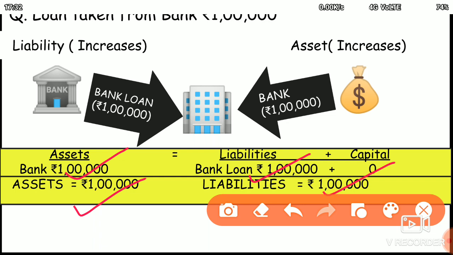So even after this transaction, we do find that the assets are equal to the liabilities plus capital. So in every transaction, the effect is such that the assets are always equal to the liabilities plus capital.